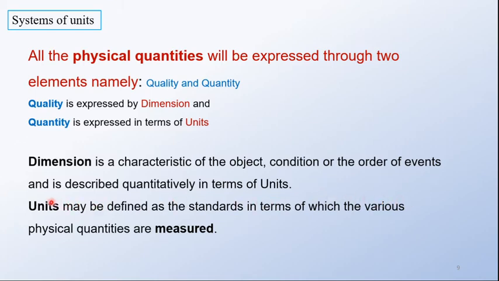Now, how much is that physical quantity? If the answer is given, then you are talking in terms of units. So, what is that physical quantity? The answer is dimension. How much is the physical quantity? The answer is in terms of units. So this is about dimensions and units.